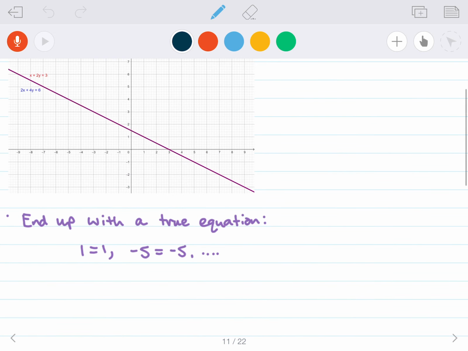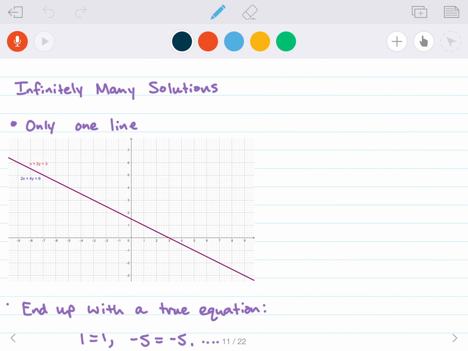And the third case is that we could have infinitely many solutions. And what that means is we're going to have two lines that are given, but they're going to be disguised to look different. But they're secretly the same line. You see, x plus 2y equals 3 and 2x plus 4y equals 6 are actually the same line.